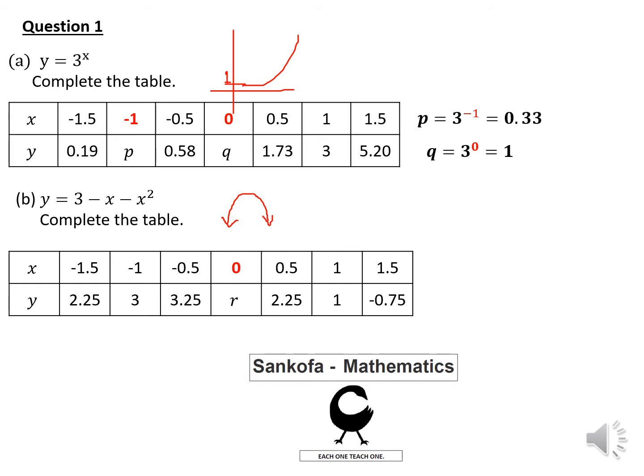You find r by substituting 0 for x into the function, and r is equal to 3. Always make sure your table is correct. You are supposed to have a parabola like this, and also an exponential function that goes in that direction.